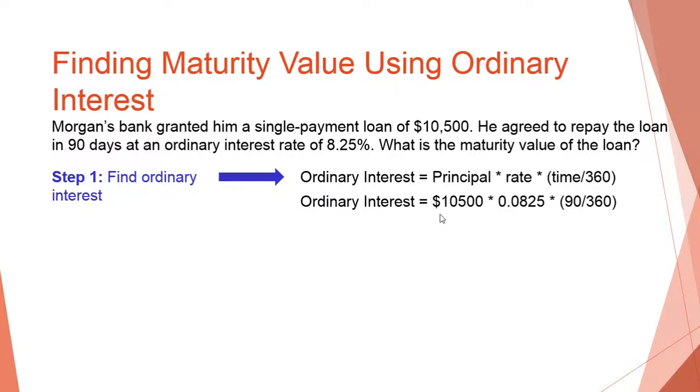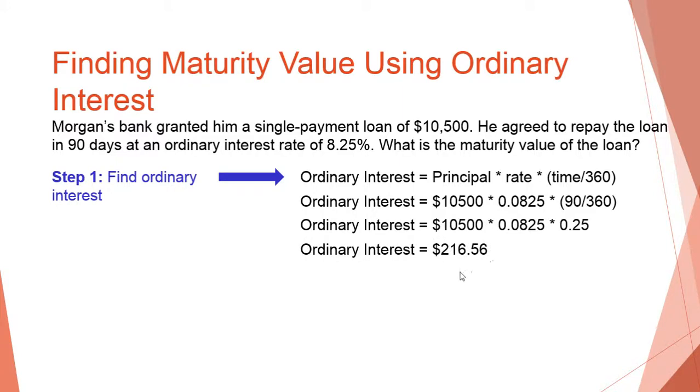So that is 10,500 times 0.0825 times 90 over 360. So ordinary interest is 10,500 times 0.0825 times 0.25, giving us $216.56.